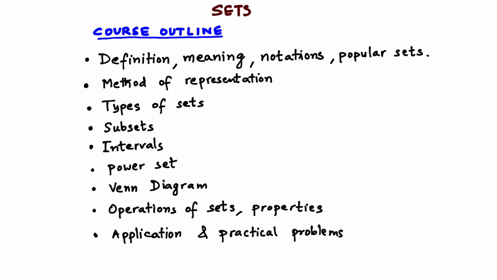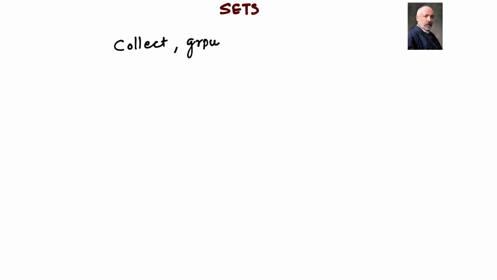All right, let us start now with the definition and the meaning of a set. A set is just a collection, a group, a team. So these words can be replaced by set, provided there are some rules that we will discuss.